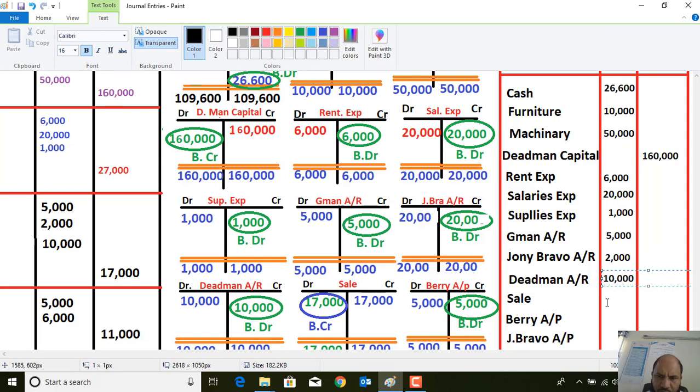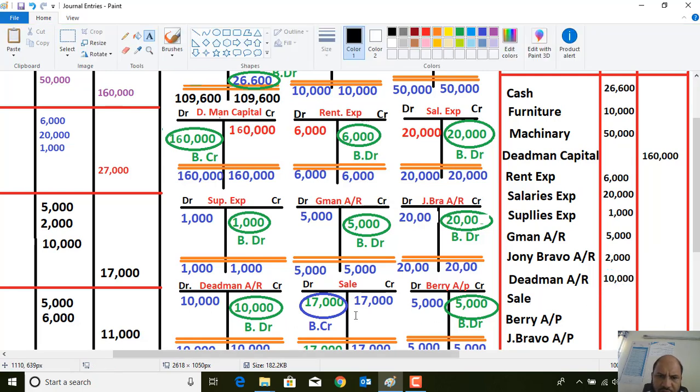The Deedman account receivable is 10,000 and it is a debit balance, so we will record it over here at the debit side. In the company we have the sale account in the ledger. The sale amount is 17,000, but it is at the debit column. Now we will record this against the debit column, that is the credit column, and we have also already mentioned over here that it is a balance of credit record.